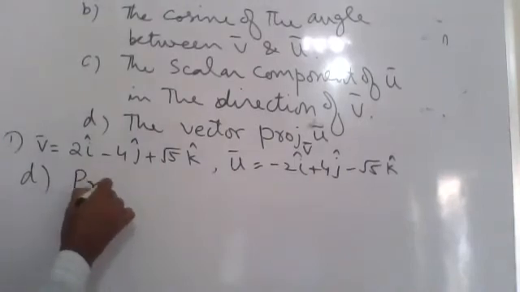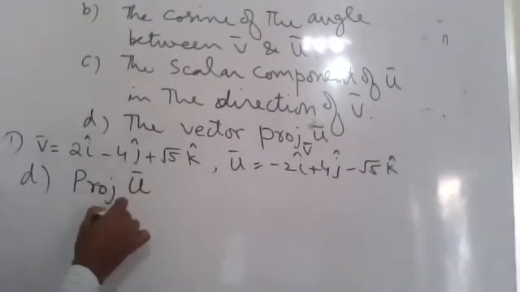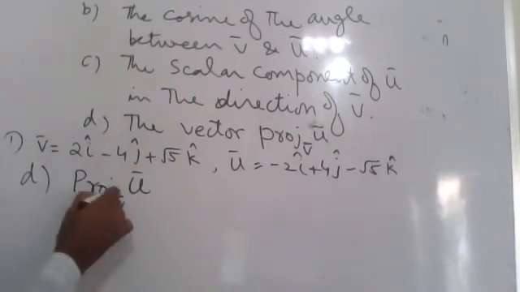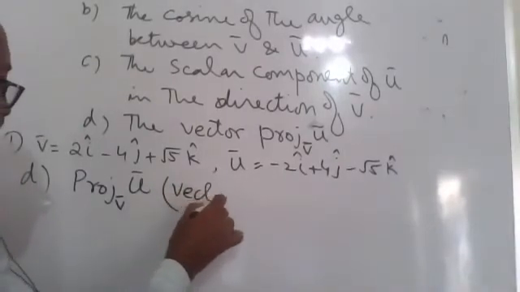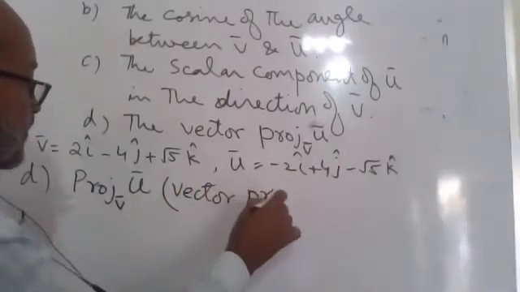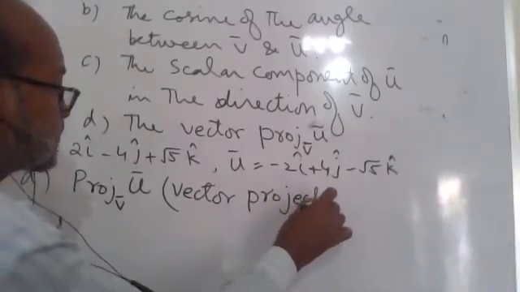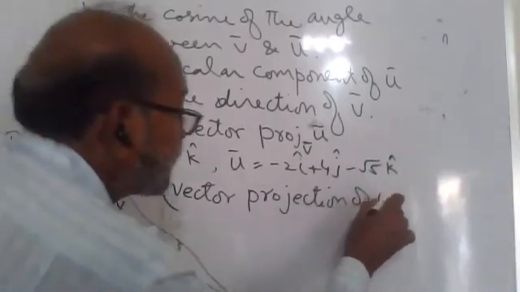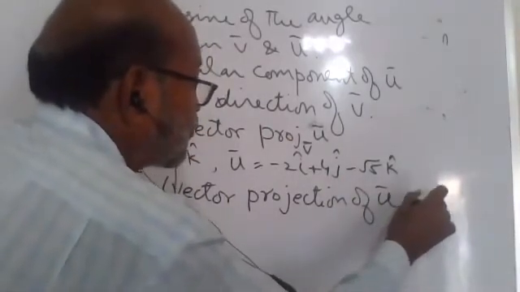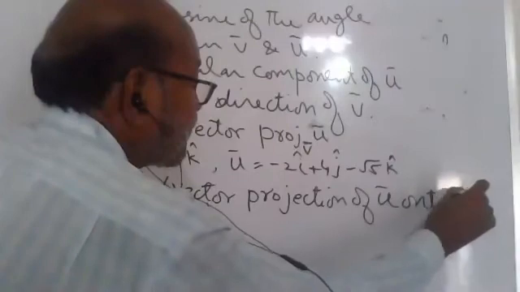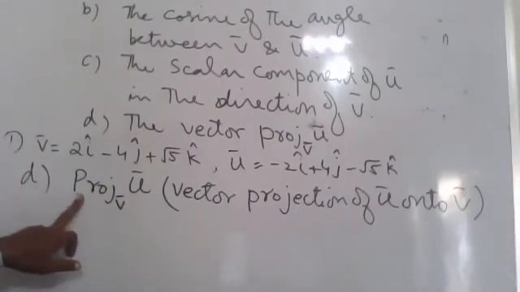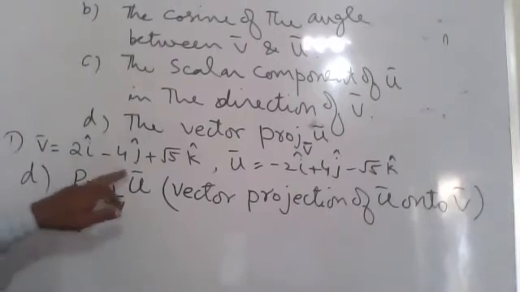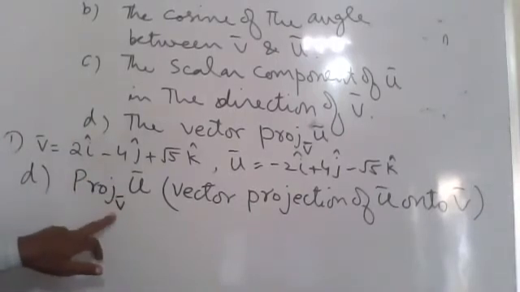Vector projection of U onto V. We write proj U, with V as a suffix.